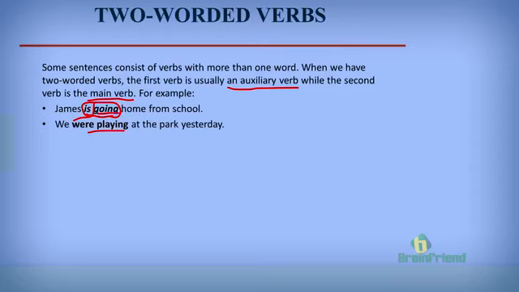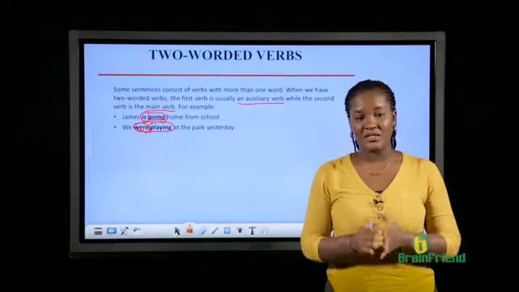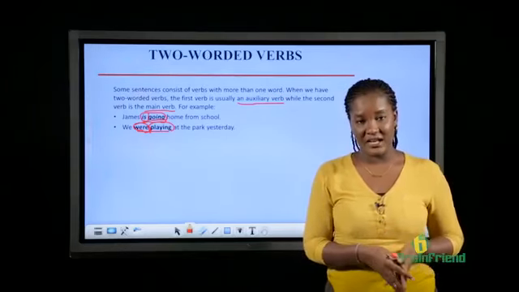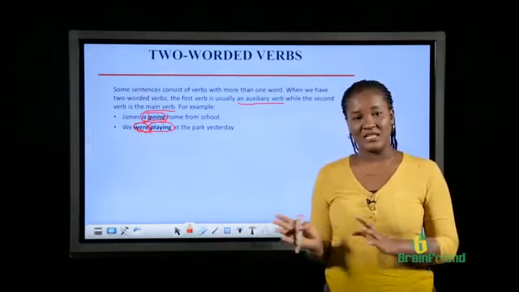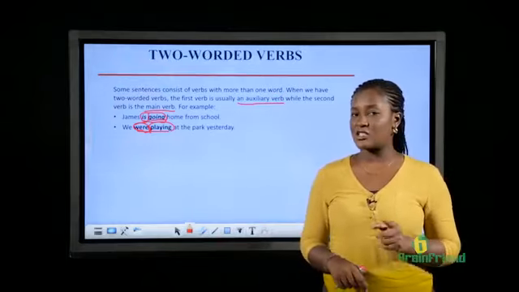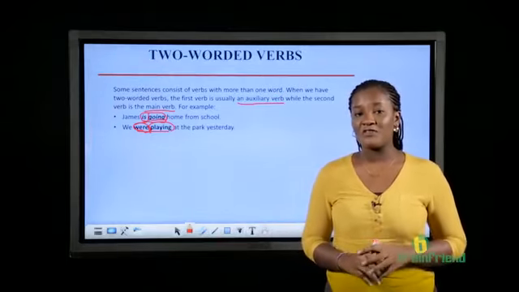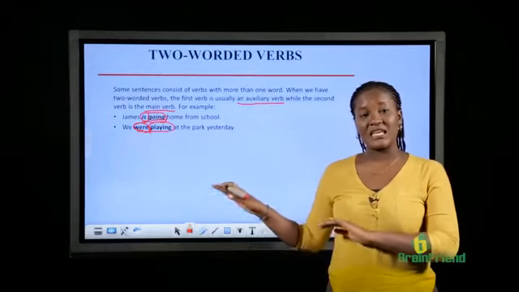And next we have we are playing. Are is an auxiliary verb, and playing is the main verb. So when you have two-worded verbs like that, most times the first one is the auxiliary verb and the next one is the main verb. Now this doesn't change the position of those two-worded verbs in sentences.